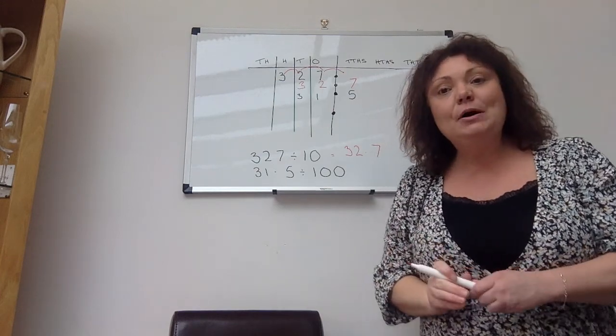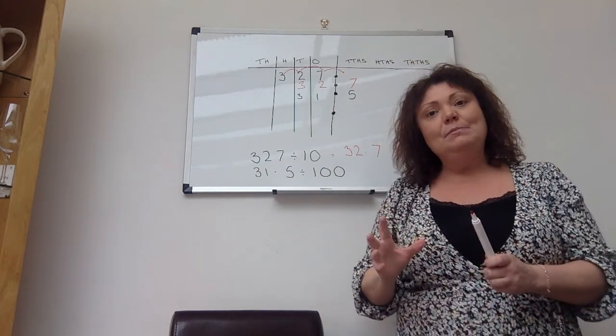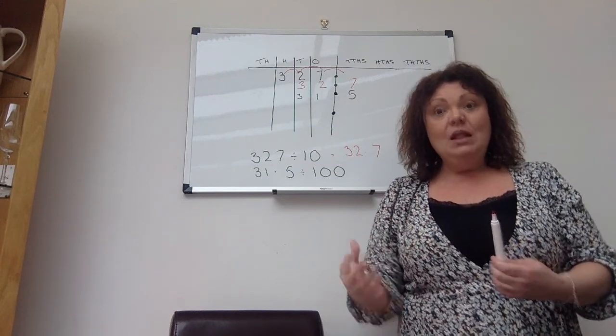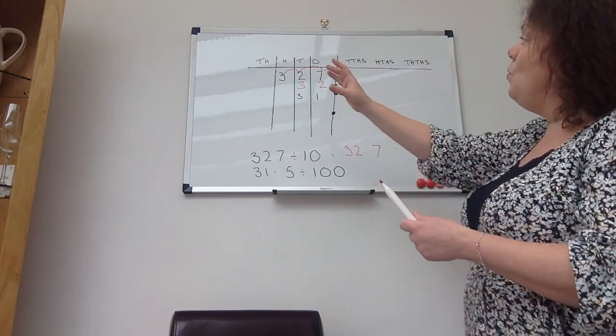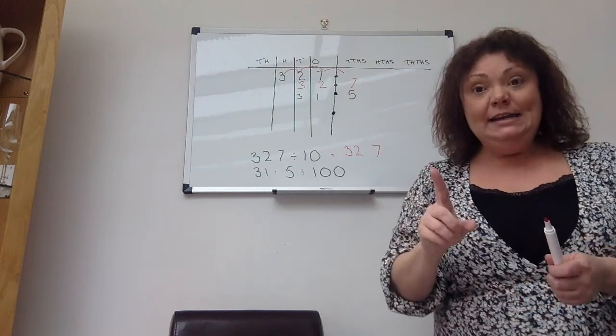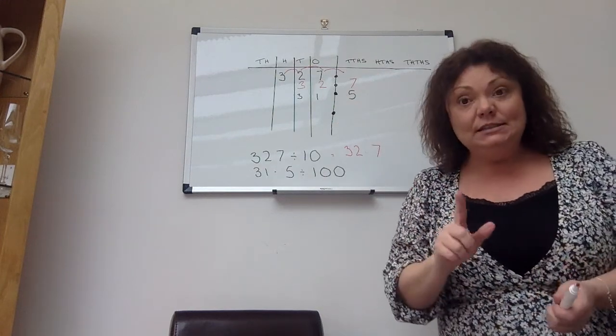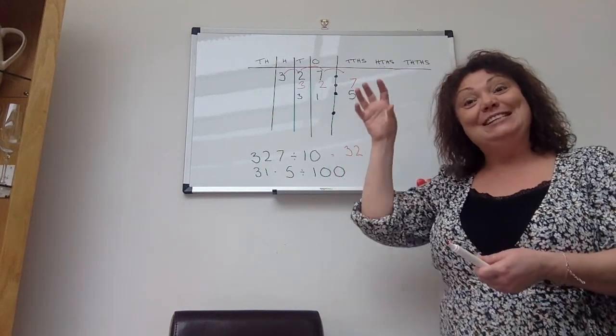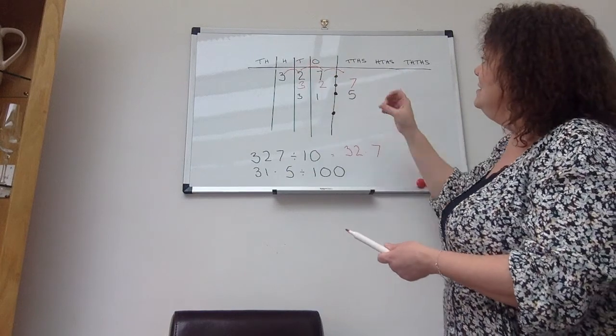Now remember when we were multiplying, we had a number sentence that we completed. So if we are dividing by 10, the number moves one place to the right because it's getting smaller on the place value chart, okay? So it's getting smaller, so it's moving to the right.